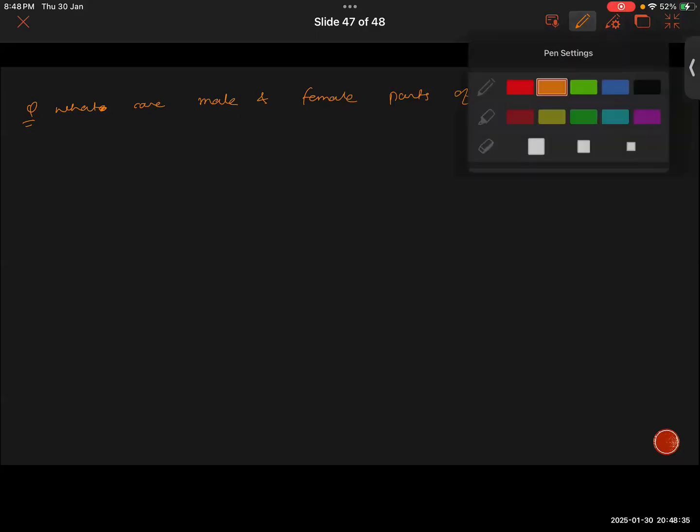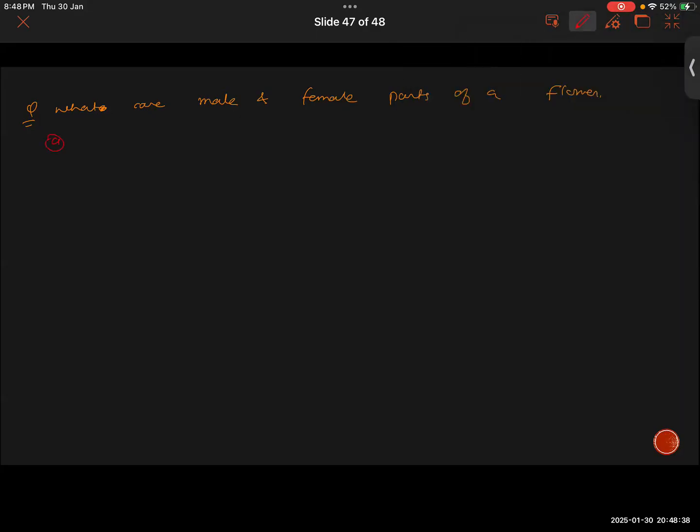Now first, you guys answer me: what are the male and female reproductive parts of a flower? Your options are: option A, petals and sepals. Option B is stamen and pistil.